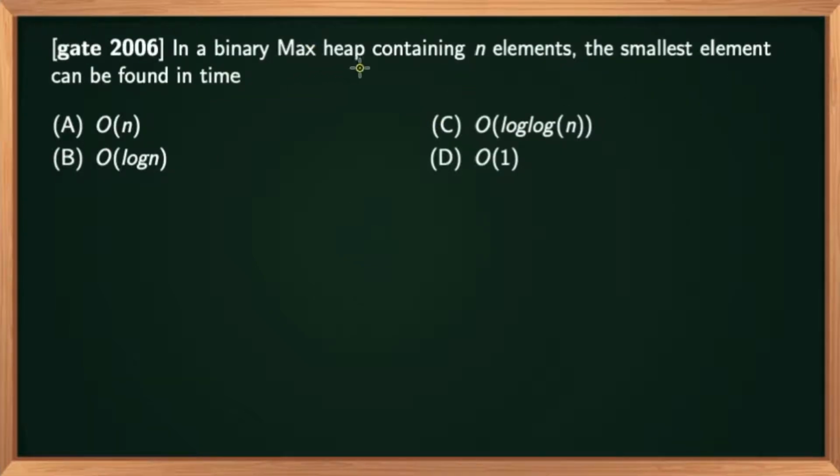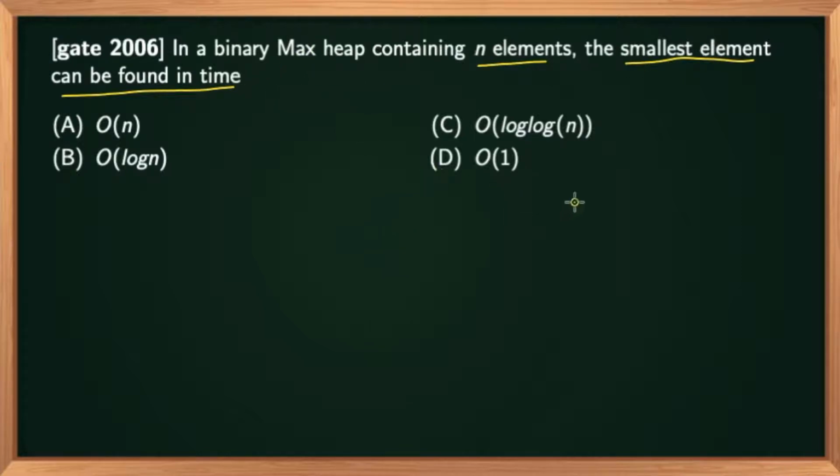In a binary max heap containing n elements, the smallest element can be found in what time? We have to devise an algorithm to find the smallest element from a max heap.